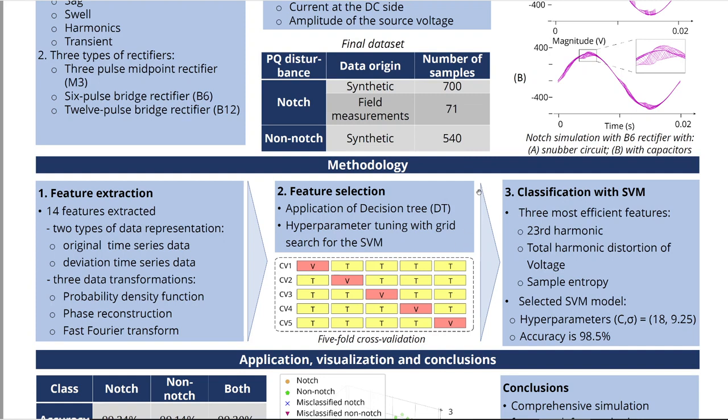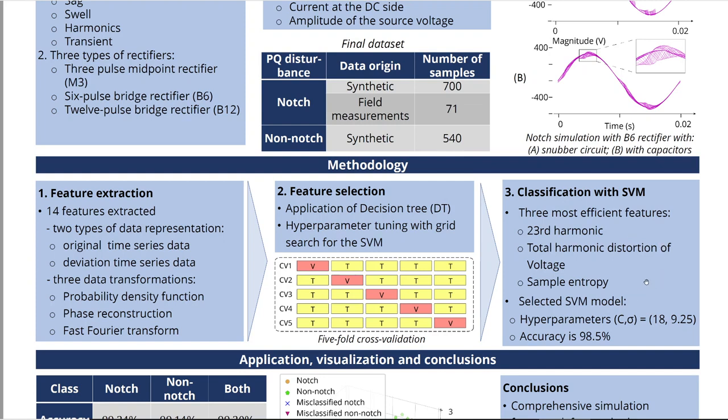As mentioned, the outer layer of the methodology is a 5-fold cross-validation. After that, the optimal features and SVM model were selected. The optimal features are the 23rd harmonic, the total harmonic distortion, and the sample entropy.